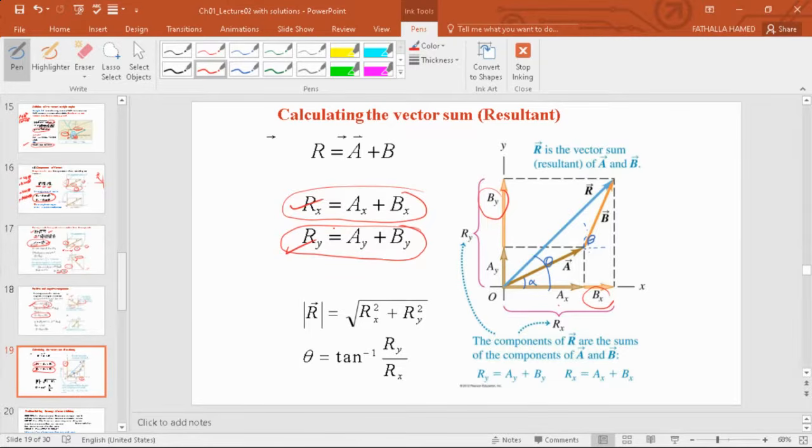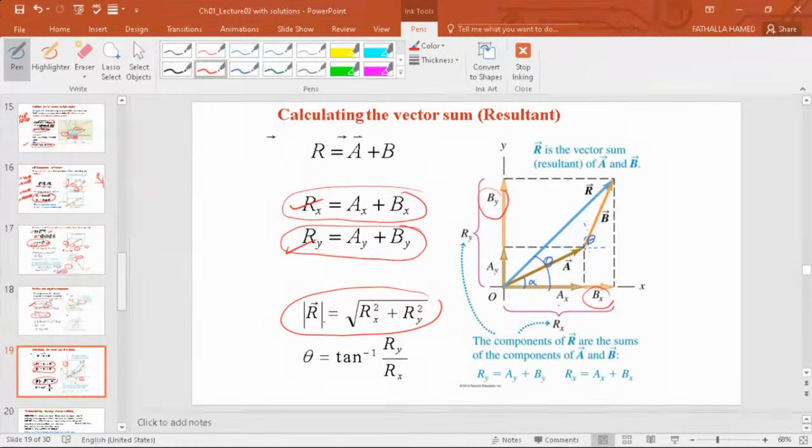And all you have to do is add all the X's together, and that will be your X component of the resultant vector, which is Rx. And you add all the Y components together, and that basically will be your Y component of the resultant vector. And then to get the magnitude of your resultant vector, it will be the square root of Rx squared plus Ry squared.